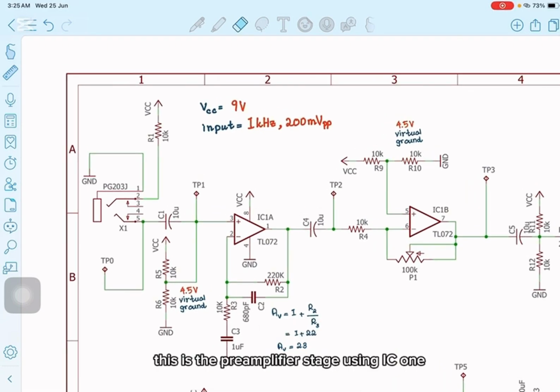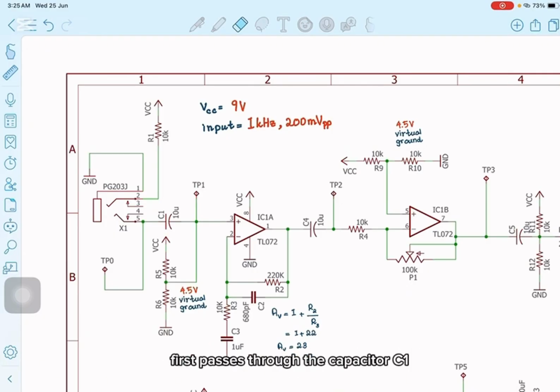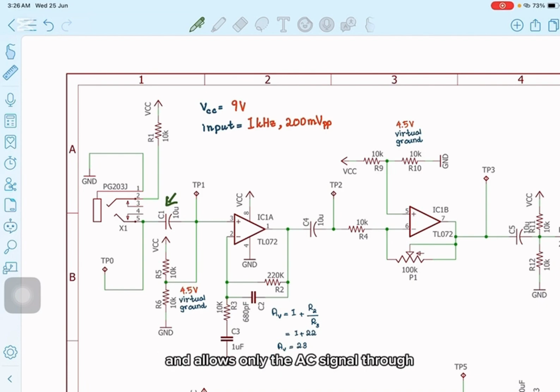This is the preamplifier stage using IC1A, one half of the TL072 operational amplifier. The input signal from the microphone or function generator passes through the capacitor C1. This is a 10 microfarad capacitor that blocks DC from entering the operational amplifier and allows only the AC signal through.